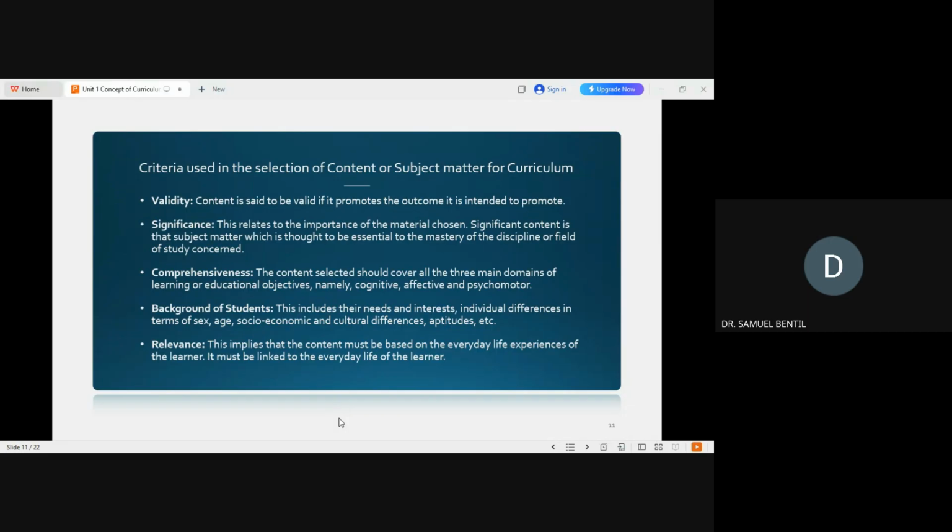The next question is, what courses, what subject matter are we supposed to let you do that will give you the competence, the knowledge, the expertise to be able to teach geography effectively? And to answer that question is what we talk about, criteria used in the selection of content or subject matter for curriculum. And the first criteria we talk about is the validity criteria or principle.